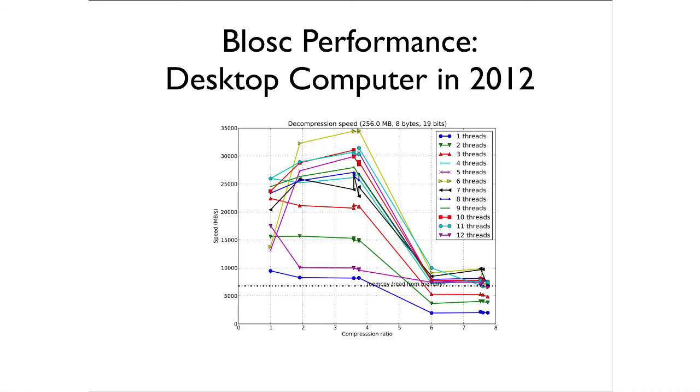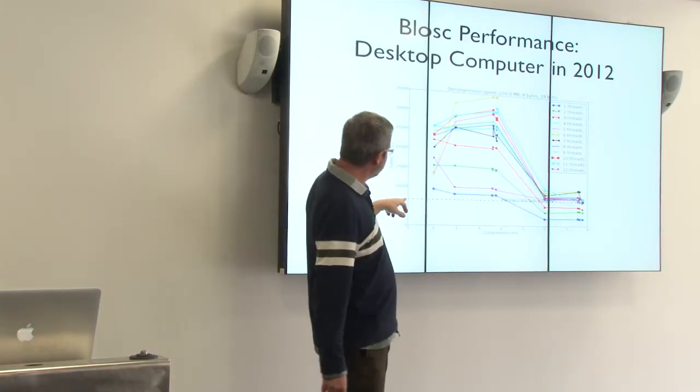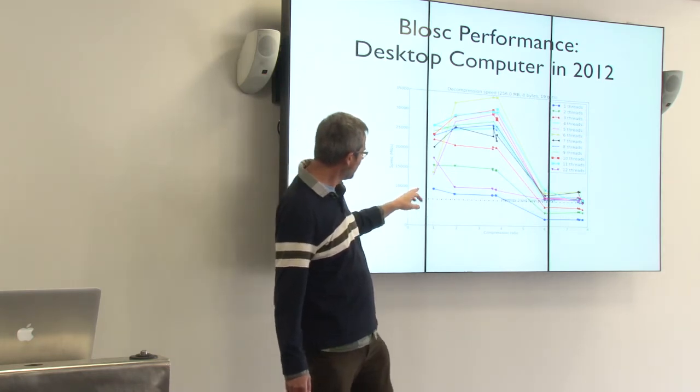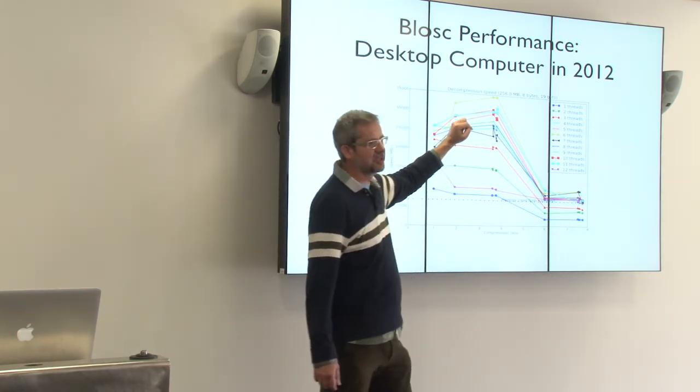This is the same plot, but using a desktop computer 2 years old. Okay? It is pretty usual, this desktop has a CPU with 6 physical cores, 12 threads. And this is the speed of memcpy, which is around 6 gigabytes per second. And here, this is the decompression speed.